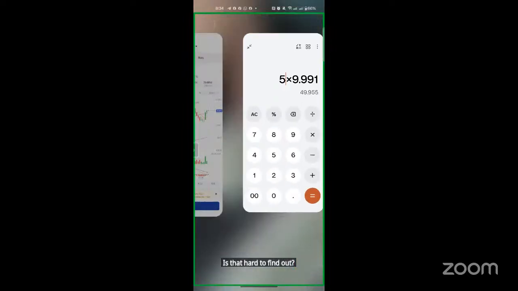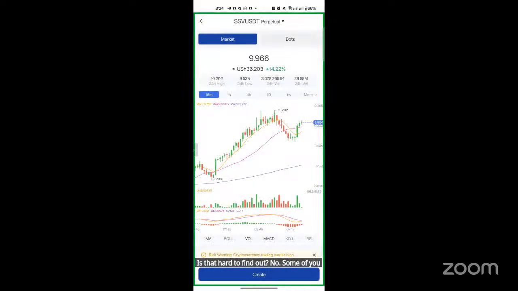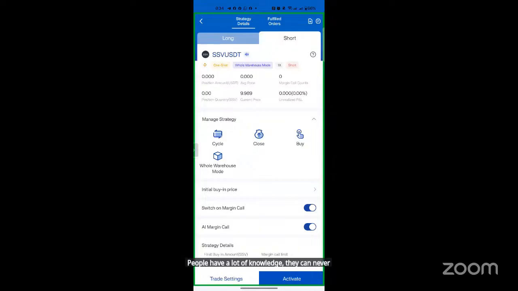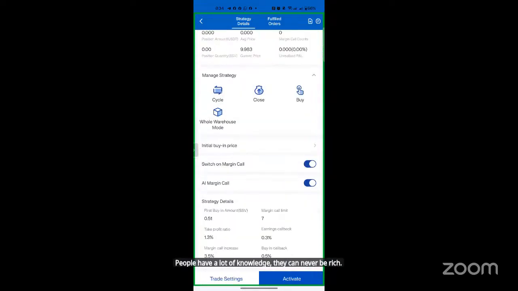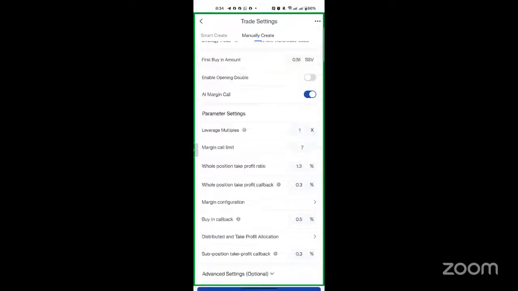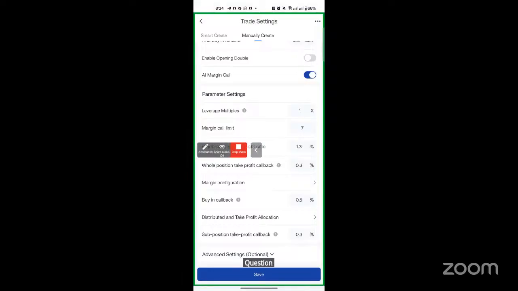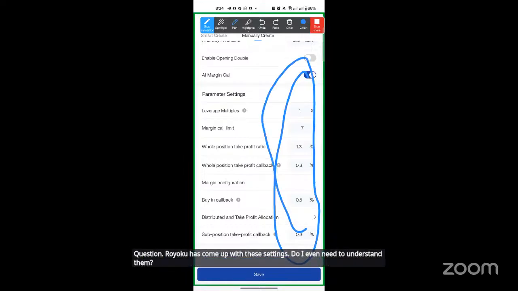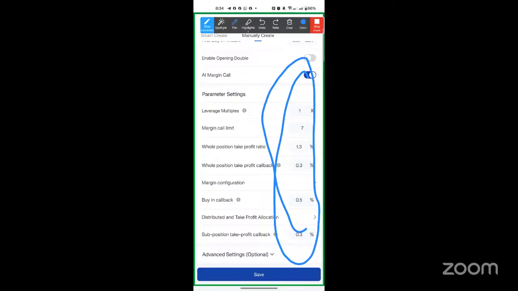Now, some of you will confuse yourself. I told you, people who have a lot of knowledge can never be rich. Now, I come down here, question. RoyalQ has come up with these settings. Do I even need to understand them? I'm speaking to a beginner.